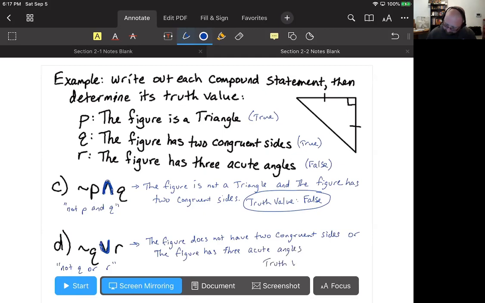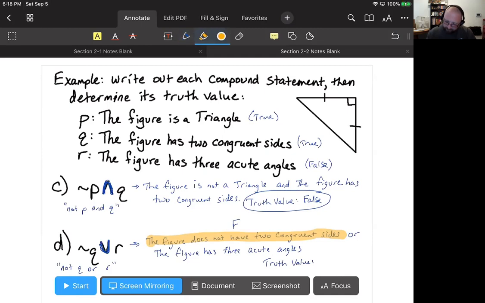So then we have to determine the truth value of that statement. Remember that the word or means that only one part of the original statement, one of those 2 parts, has to be true. So the first part says the figure does not have 2 congruent sides. Well, it does have 2 congruent sides, so that is false.